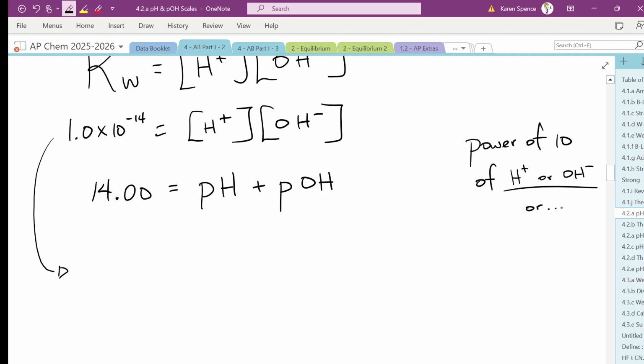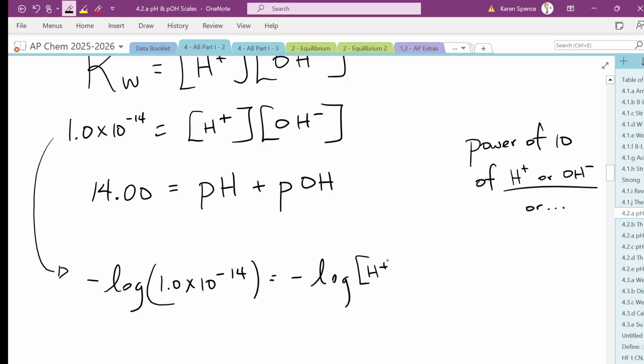So let's take the negative of the log of 1.0 times 10 to the negative 14, and we take the negative log of the concentration of hydrogen times the concentration of hydroxide.